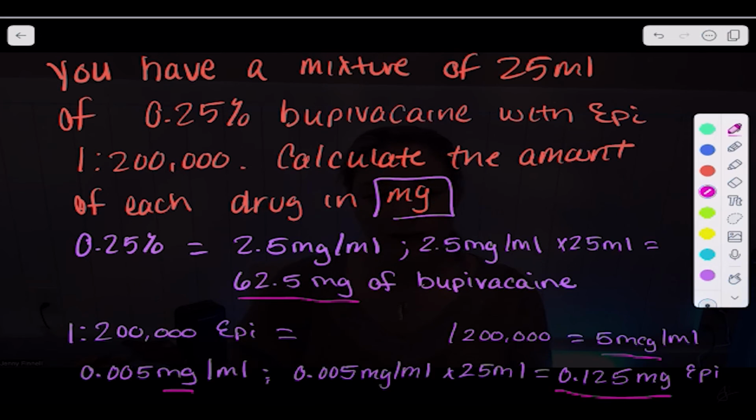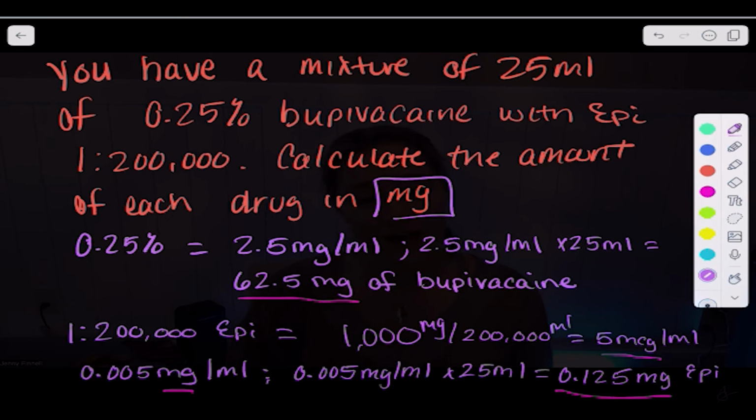You then have to figure out the concentration of 1 to 200,000 of epinephrine. And in order to do this calculation, you have to see this ratio is equivalent to essentially saying 1,000 milligrams in 200,000 mLs.